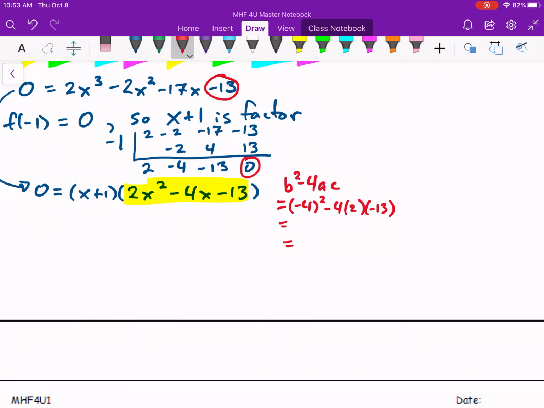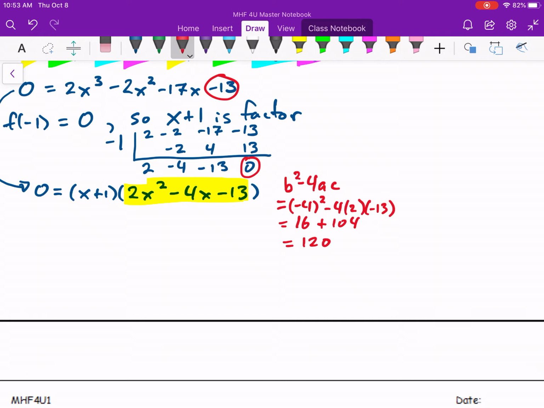Yeah, should have been 104 there. So 16 plus 104, that's what I thought, equals 120. Anyway, same result, positive value for the discriminant means that we should have 2 roots. So I haven't been able to factor it, but I know there's 2 roots.